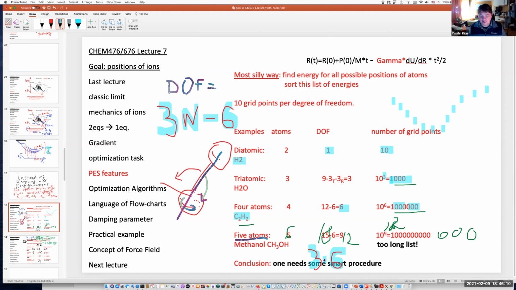I'm really happy. So 3 times 6 minus 6 will be 18 minus 6, 12, which means, what's the right word for 10 to the 12th? Like terabytes for information. So it's like tera something, 10 to the 12th, tera number of the elements in the potential energy surface.